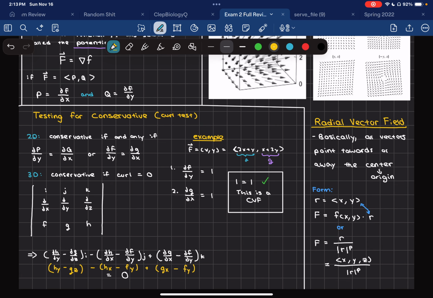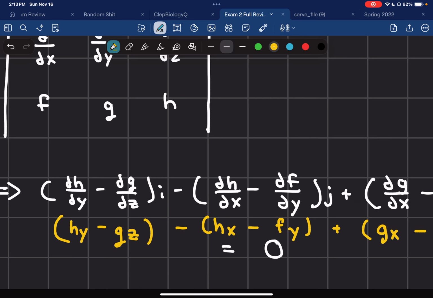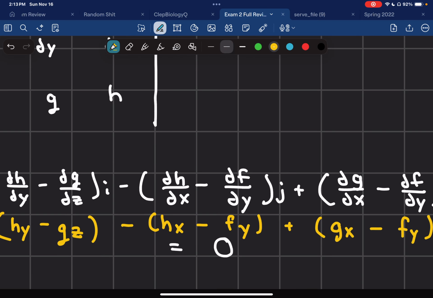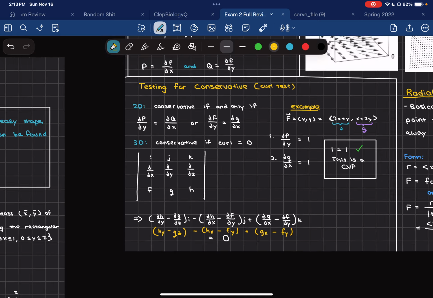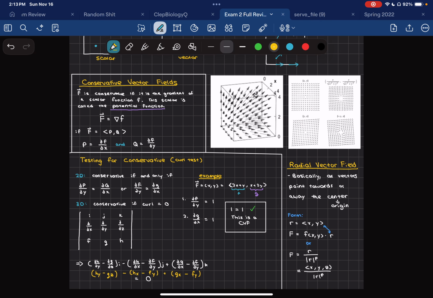If you get all these and they all equal 0, which means the overall curl is 0, then you have a conservative vector field. Now, this will go into the potential function, but we'll go over that when we're talking about line integrals.